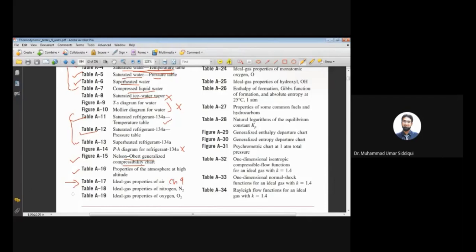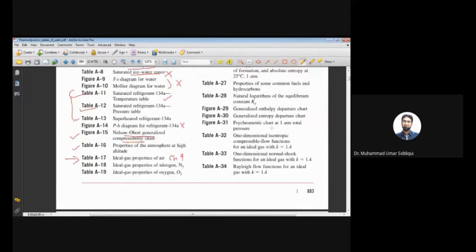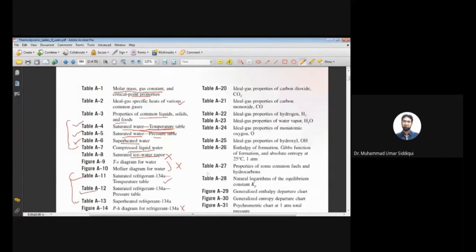Then we have ideal gas properties of nitrogen, oxygen. They are not really important for us. Carbon dioxide, carbon. These are tables that would be important if we were doing chapter number 15, but since we will not be doing that chapter, these tables will not be important for us.